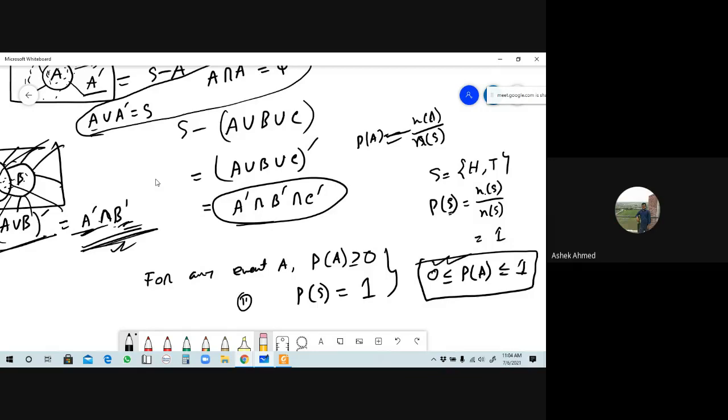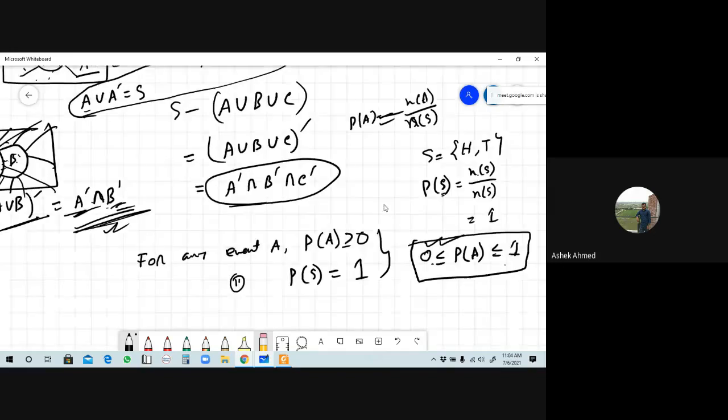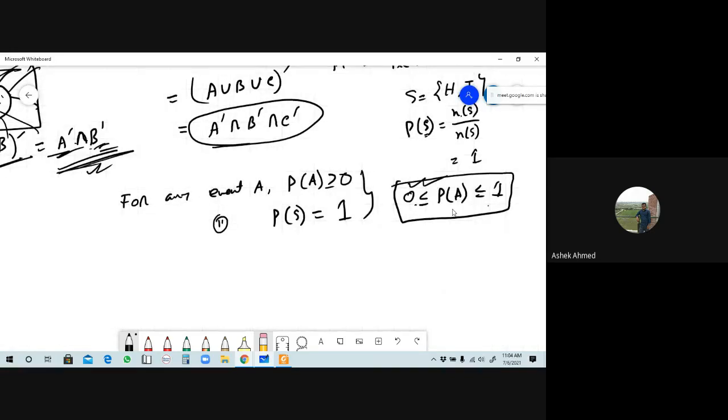If you find a probability outside of this range, then your result is wrong, so you have to recheck it again and correct it. Understand?